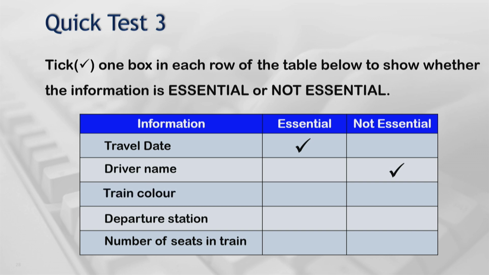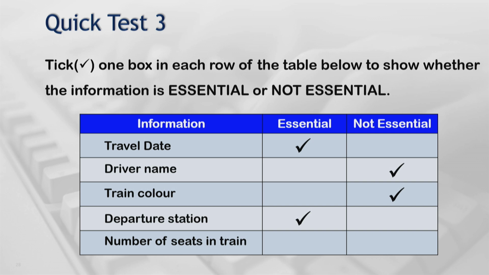Train color. The train color is the next information to examine. Color of the train would not have any impact on ticket sale. Therefore, it is not essential. Next, we have departure station. Knowing where a travel starts is used to calculate the fare of the journey.